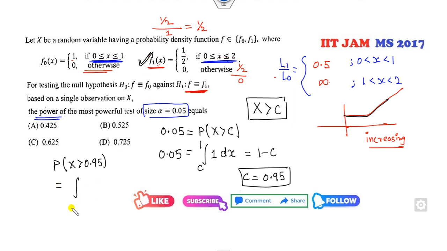So how can you do that? The integral from 0.95 to 2 of half. So what is the right answer of this? Half of 2 minus 0.95, that means 1.05 divided by 2. So 0.525 is the right answer of the problem.